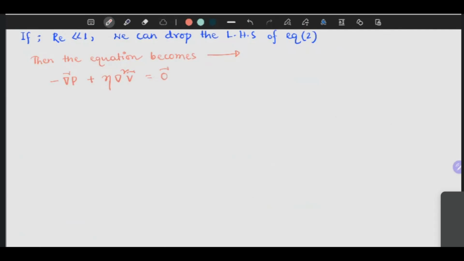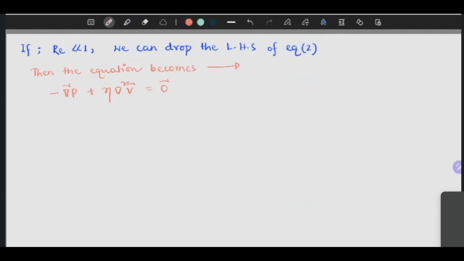Remember, this is a vector equation. Also here, an incompressible fluid is assumed, so that makes divergence of V zero.